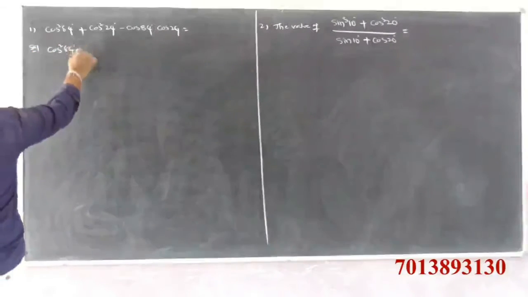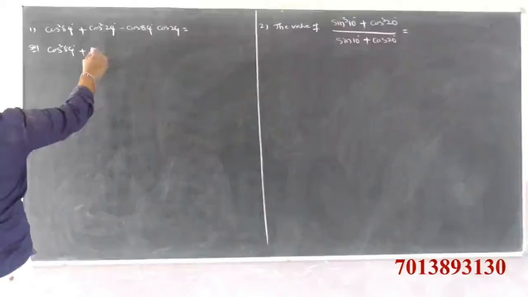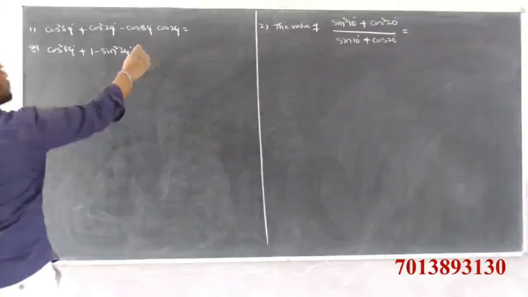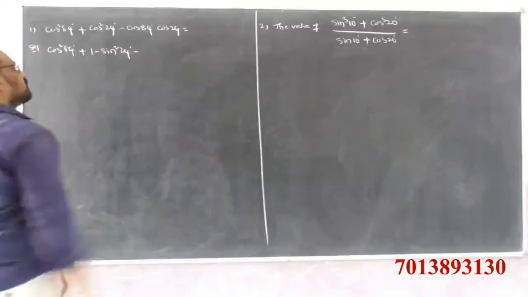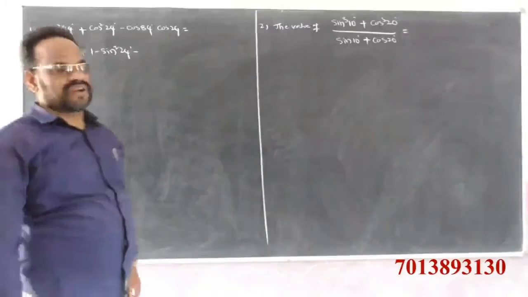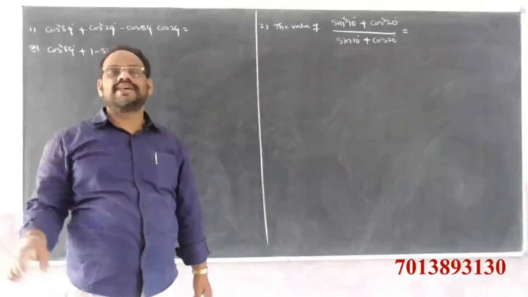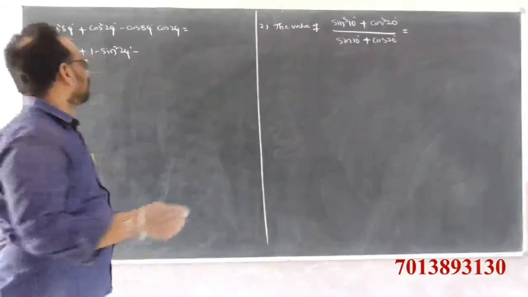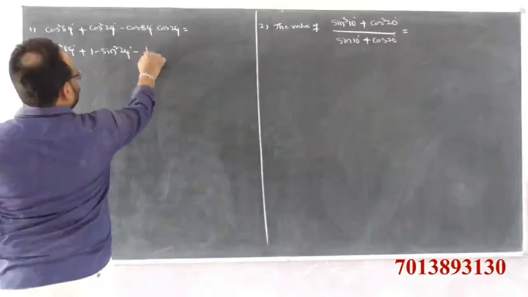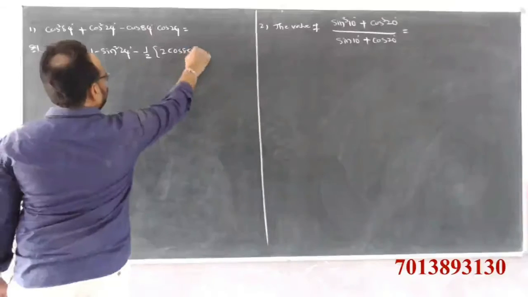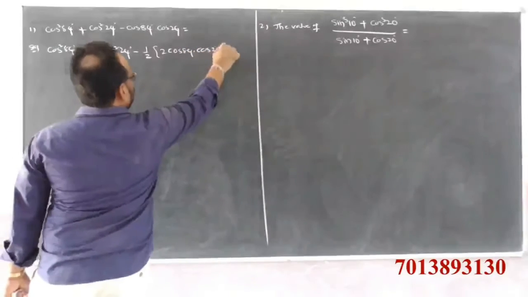Cos square 84 plus cos square 24 can be written as cos square 84 plus 1 minus sin square 24 degrees, minus cos 84 into cos 24. For cos 84 into cos 24 we don't have any formula, so it can be expressed in the form 2 cos A cos B, that is, multiply by 1 by 2 into 2 cos 84 cos 24.